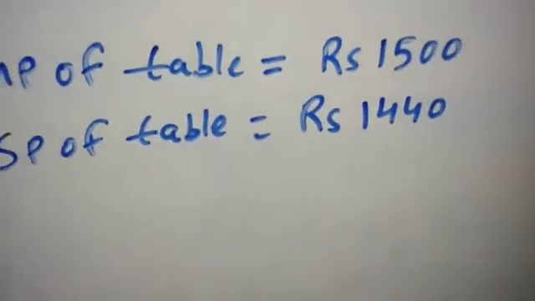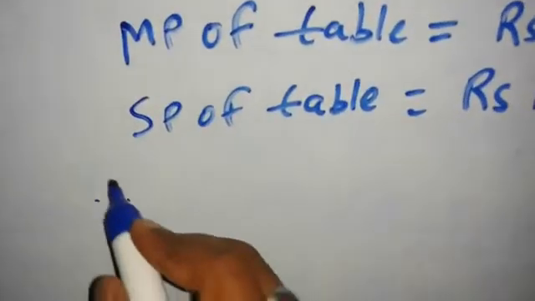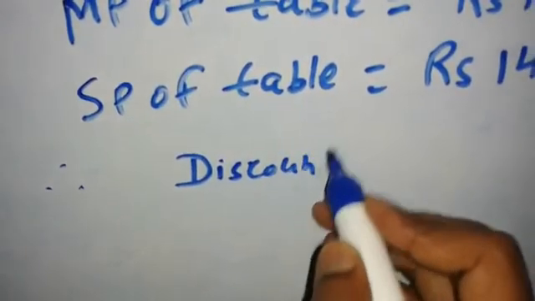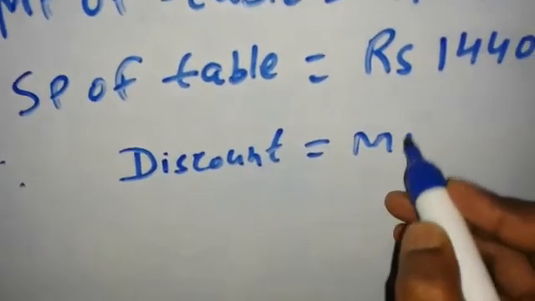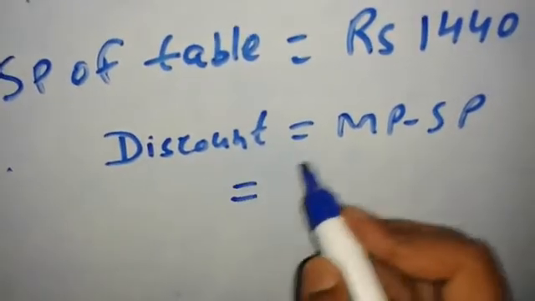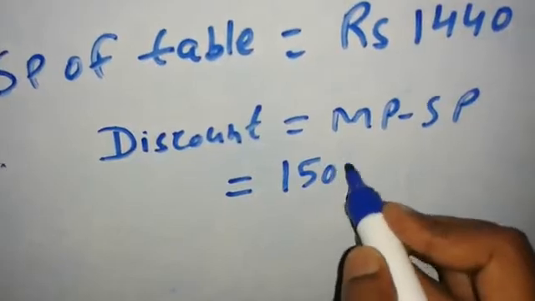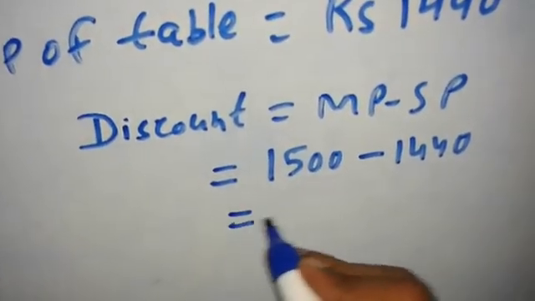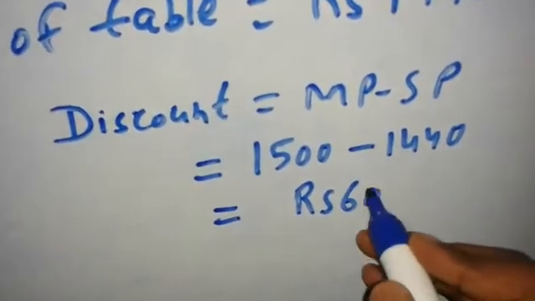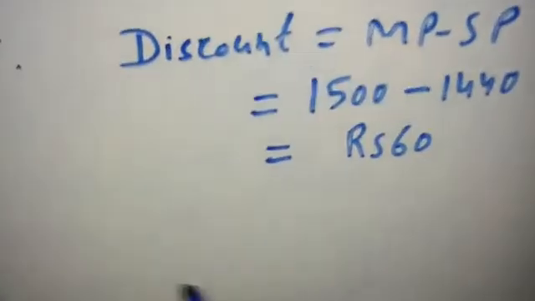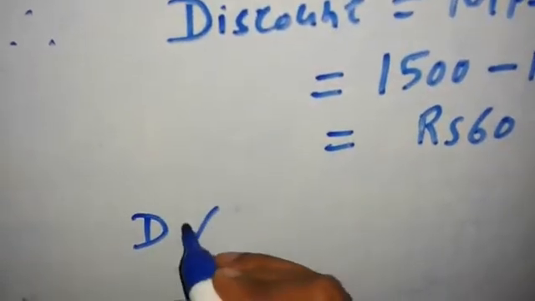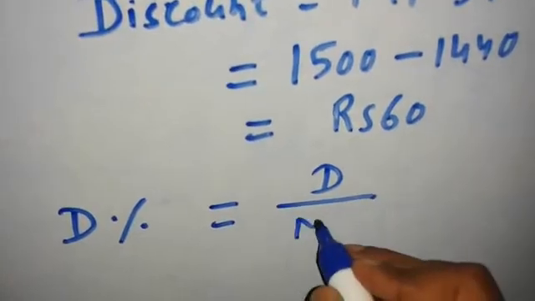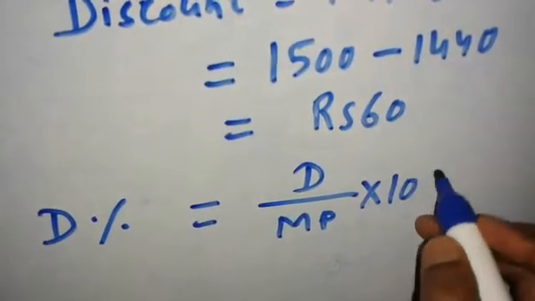It is given. As we know that discount equals MP minus SP. Therefore 1500 minus 1440, that means rupees 60. This is the discount. And now discount percent equals discount by MP into 100.